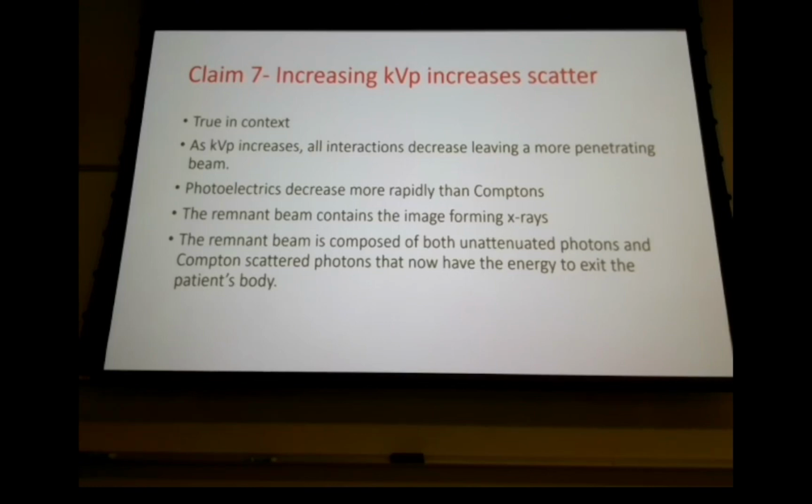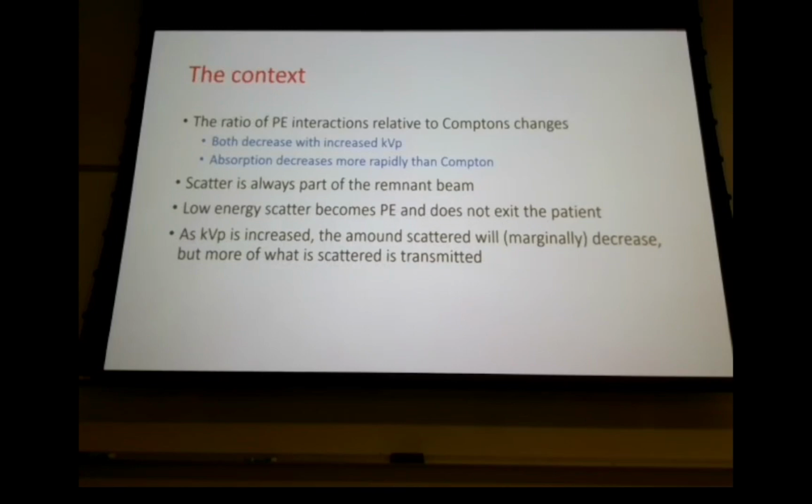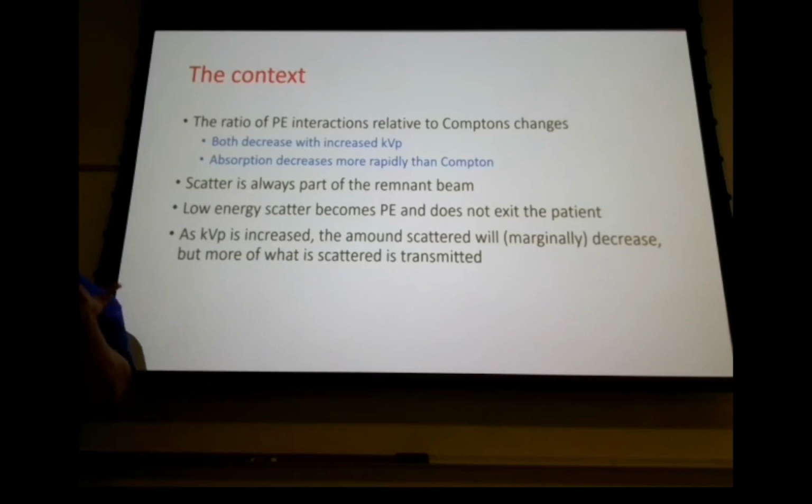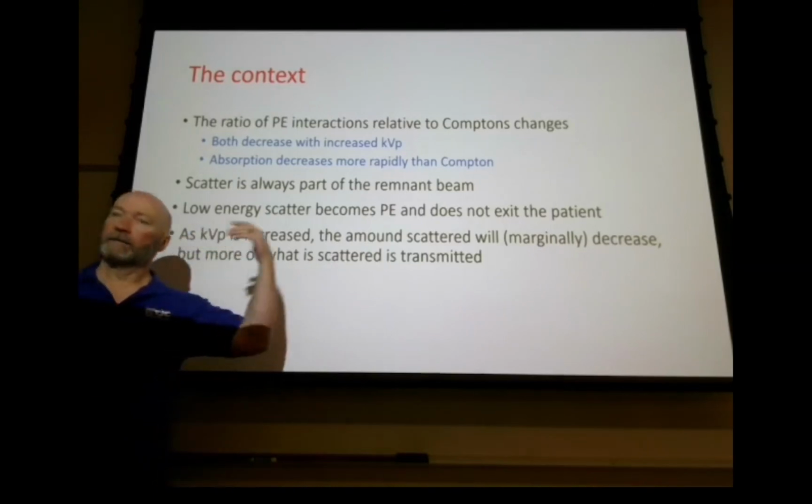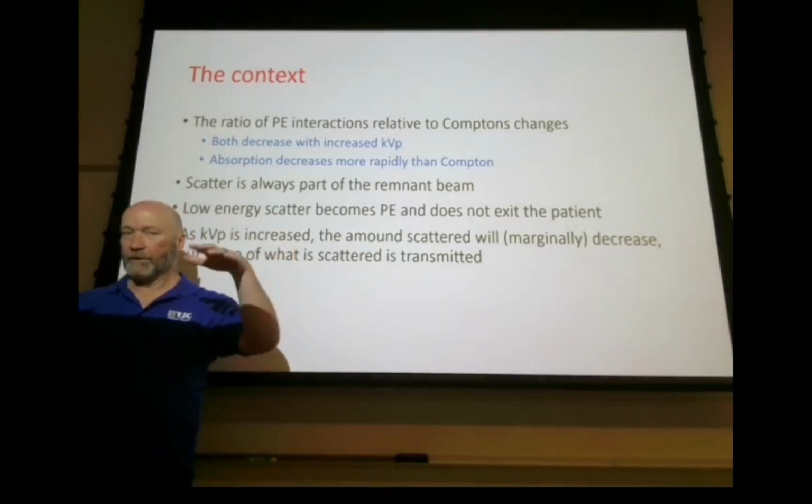It's not that you created more, it's just that you emitted more. So the ratio of PE interactions relative to Compton's changed. That's what we refer to as the PE ratio, or Compton to PE ratio. As we increase our kVp, the Comptons remain pretty consistent, looking at that previous graphic.